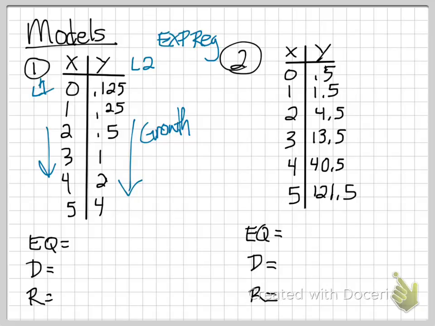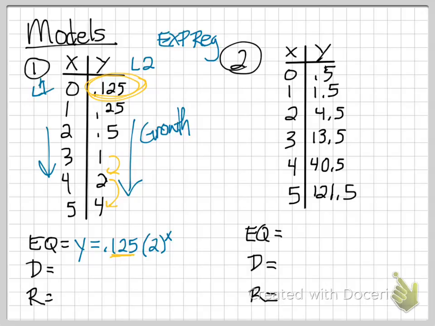So when I do that, I get for my equation y equals 0.125 times 2 to the x. I'm not really surprised because 0.125 is my 0 value, so it should be the a. My base is 2 because it's doubling. That makes sense to me because I see that it's doubling to get to the next number.